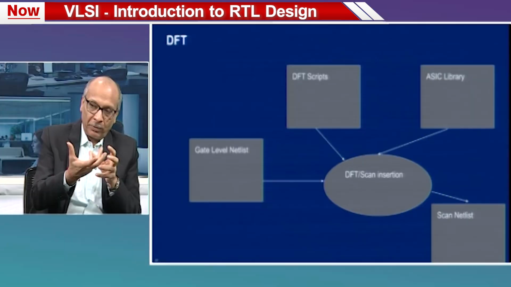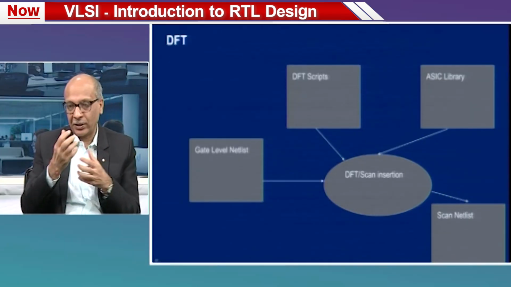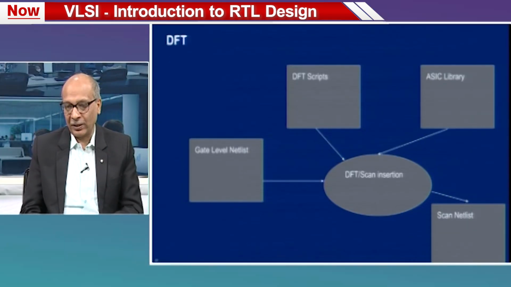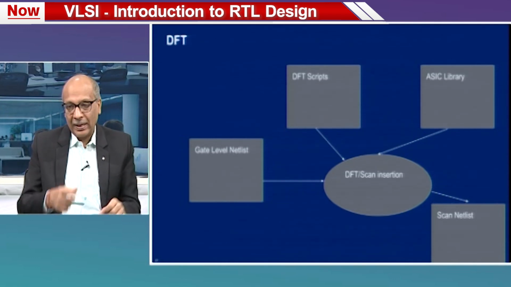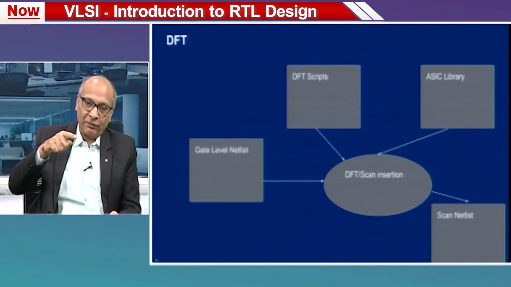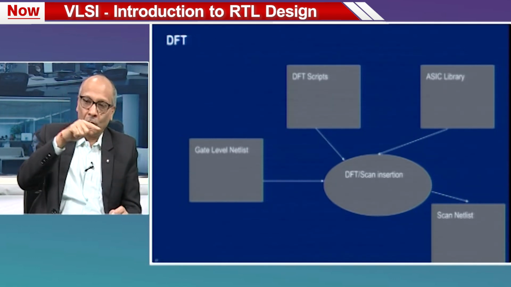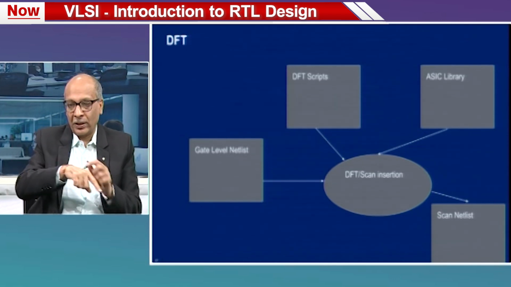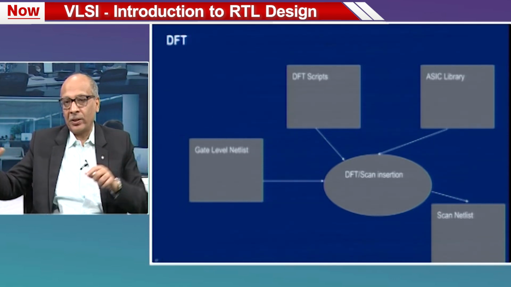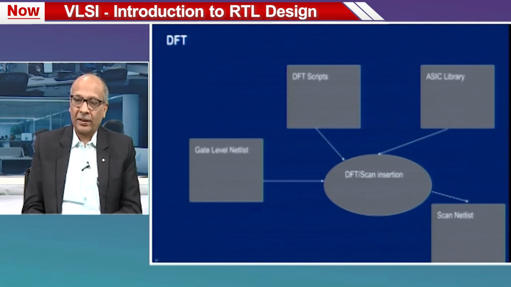Those D flip flops will be replaced by a scan variant, which has scan input and scan enable, effectively a mux in front of the D flip flop, and additional connectivity which goes from scan output to scan in of the next flop and so on, and the full chain gets established, right. So, what you get is a scan netlist. Again, there are tools involved for this, from gate level netlist to scan netlist, for scan insertion using DFT scripts.